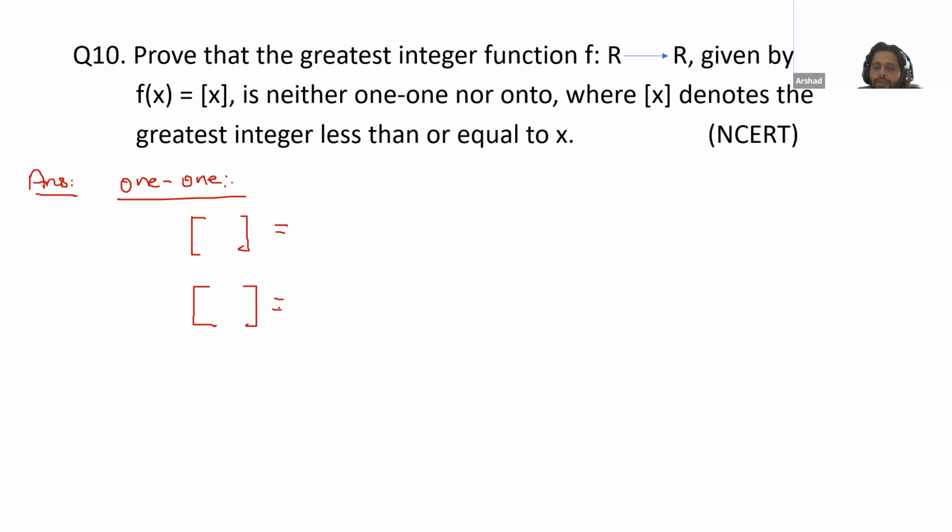Fahad, can you tell me two values? Okay, not an issue. Tell me first what's the value of 3.4. Very good, 3. Now tell me the value of 3.7. Very good, 3.